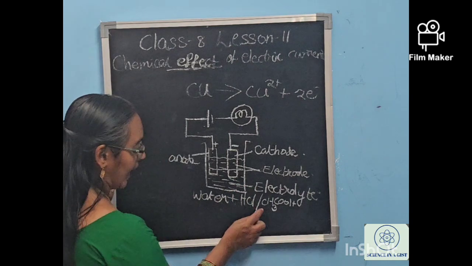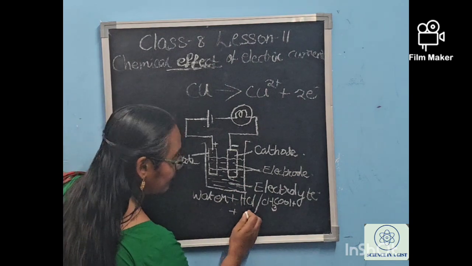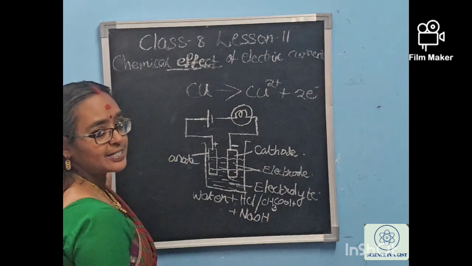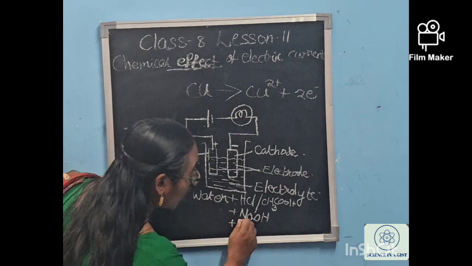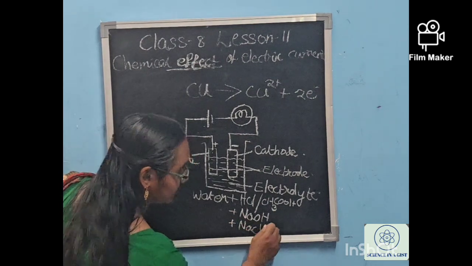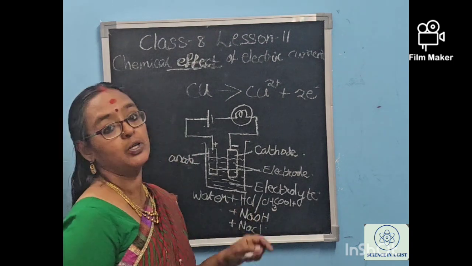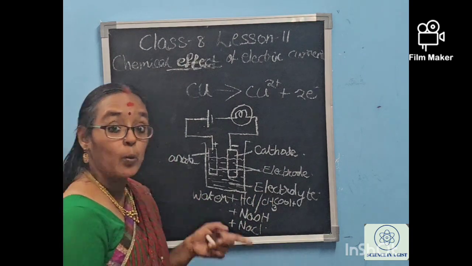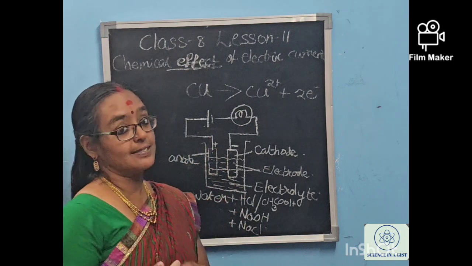By adding bases, NaOH, it will conduct electricity, or by adding salts, even NaCl. If we are adding some common salt to the water also, it will start to conduct electricity. By this way we can change the water into a conducting one.